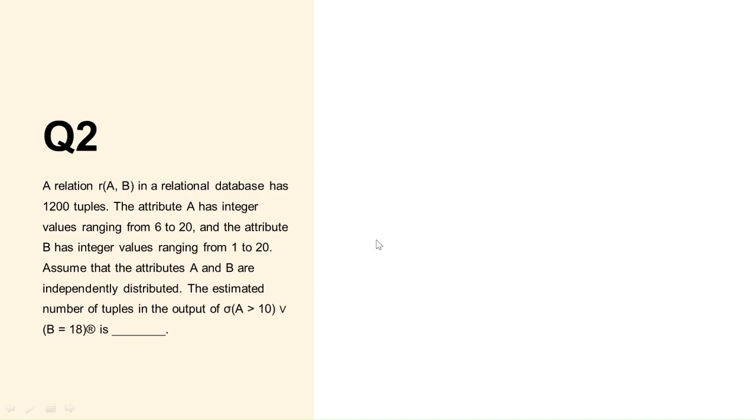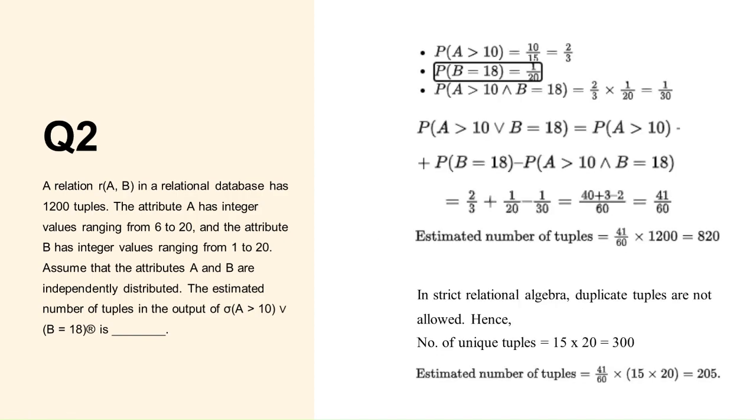In this question we need to find the probability. The probability of A greater than 10 would be 10 by 15, as it is given that the integer values range from 6 to 20 in attribute A. So the probability is 10 by 15, equal to 2 by 3. Similarly for B it would be 1 by 20.